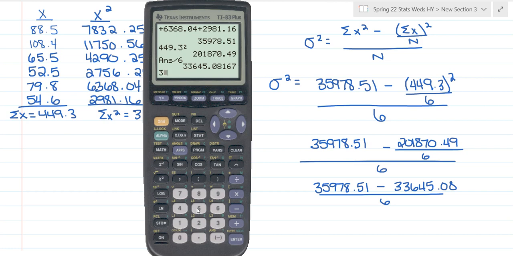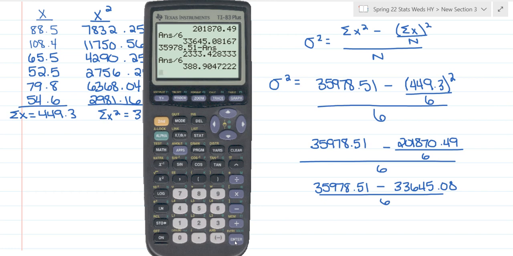So 35,978.51 minus, I'm just going to subtract this. So I'm just going to hit the second negative button where it says ANS because it just pulls the previous answer. So second answer. So 2333.428, then divide by 6.